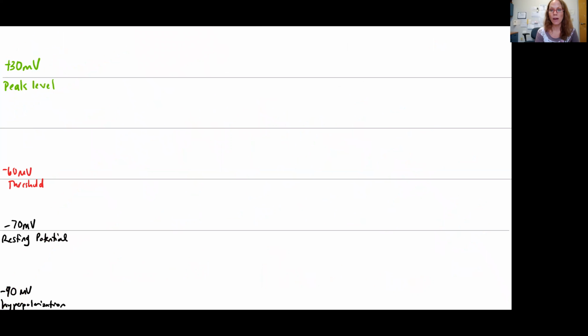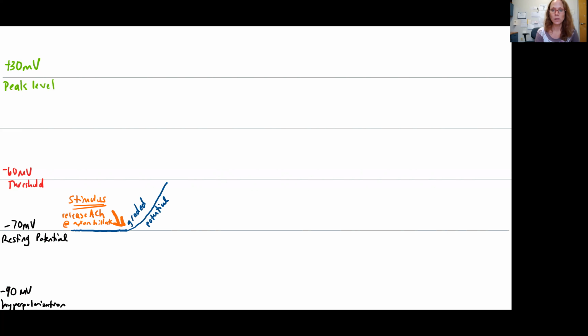I'm going to graph out for you the action potential. So if you want to put the graph in your notes, or you can find it already published in your textbook artwork, go ahead and make this layout for yourself. We're starting then, remember, at negative 70 millivolts at resting membrane potential.